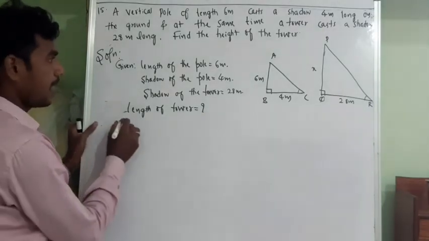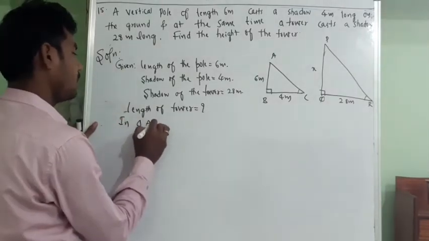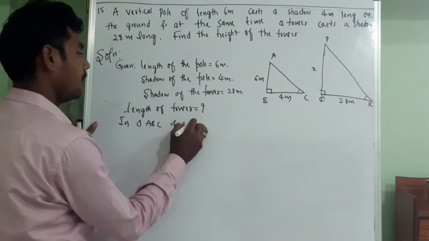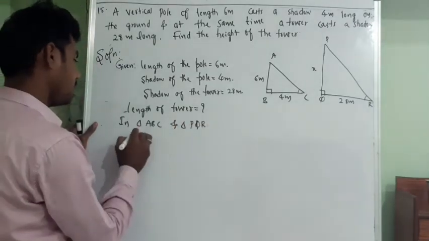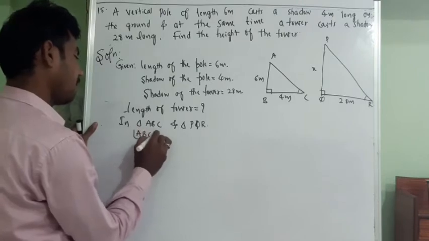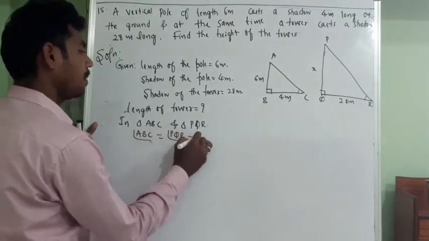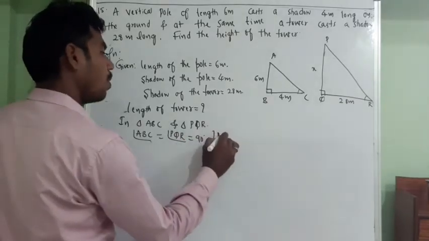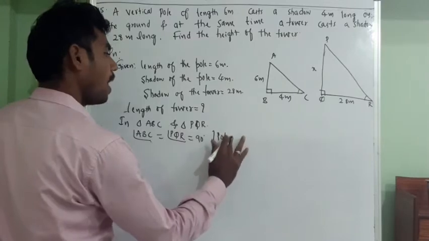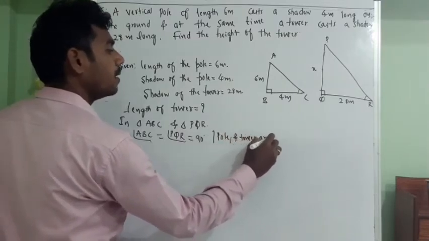See, in triangle ABC and triangle PQR, angle ABC is equal to angle PQR, which is equal to 90 degree, because pole and tower are vertical.